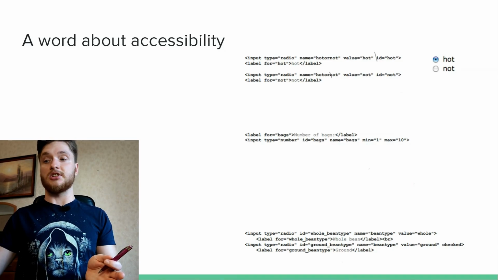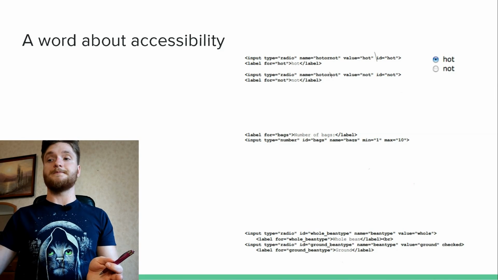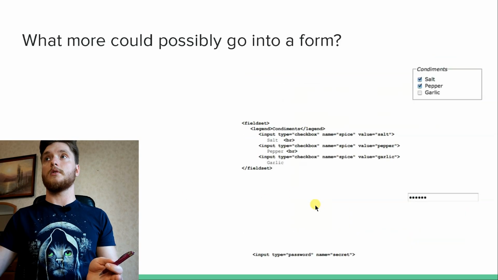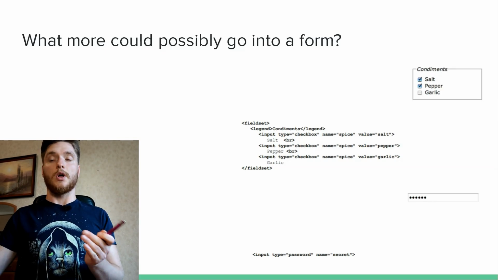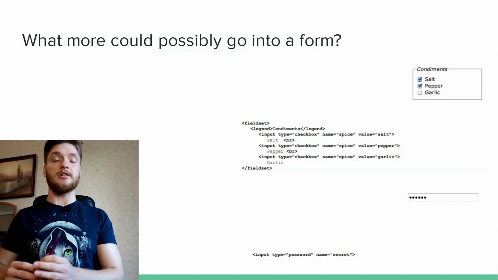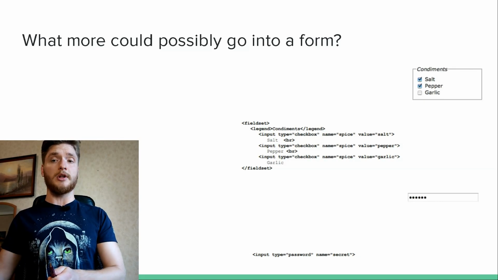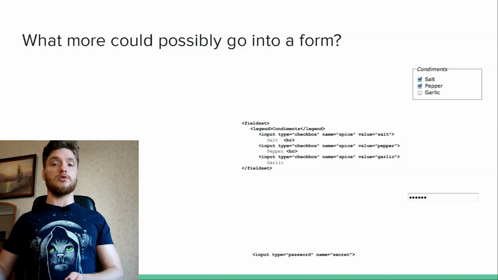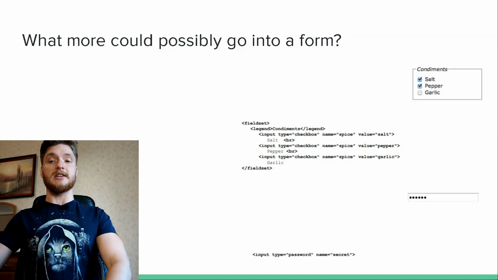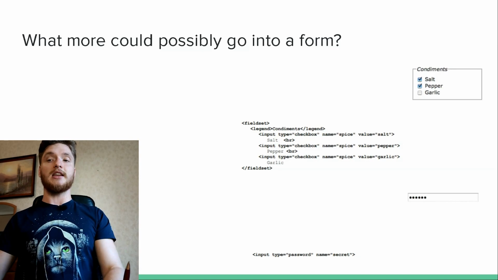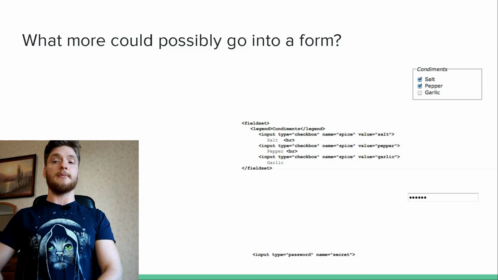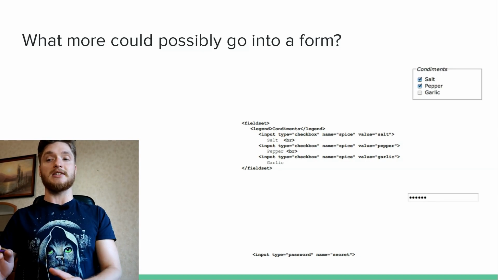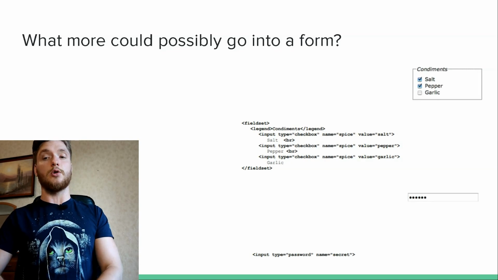Fieldset and legend. When your forms start getting large, it can be helpful to visually group elements together. While you might use divs and CSS to do this, HTML also provides a fieldset element that can be used to group together common elements. Fieldset makes use of a second element called legend.